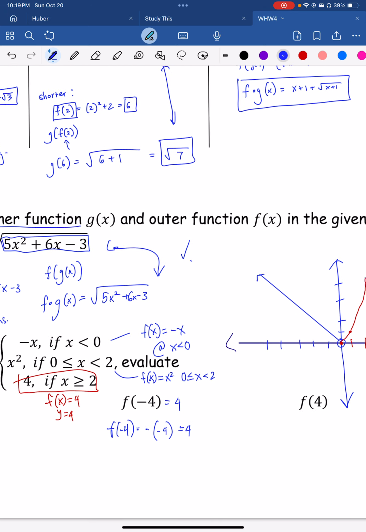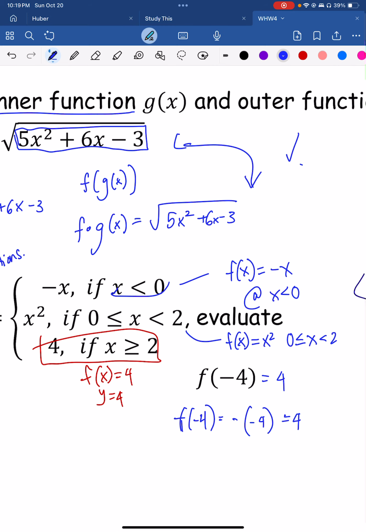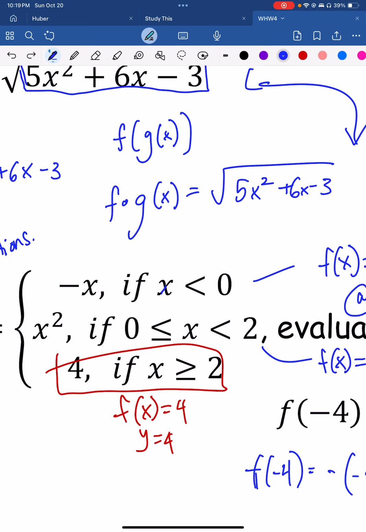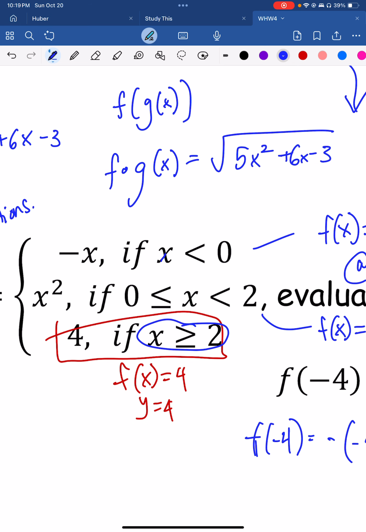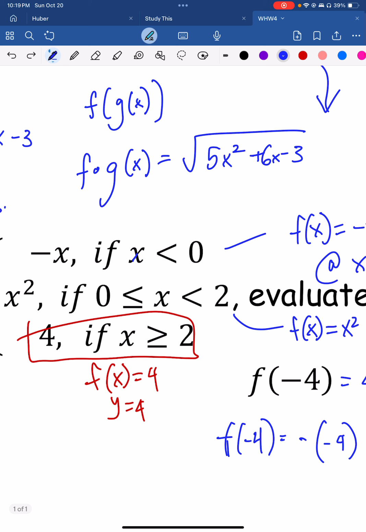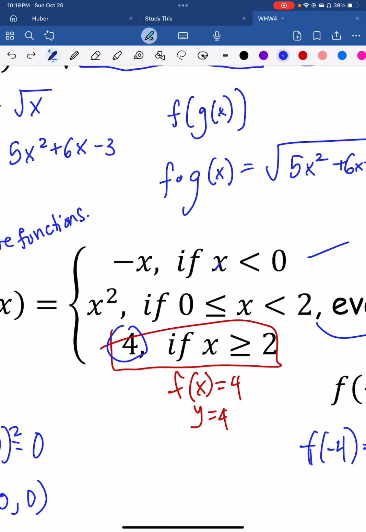The next one is looking at 4. I know that 4 is not less than 0. It's not in between 0 and 2, but it is greater than 2. Greater than or equal to 2. So I know to use this final piece in my piecewise function.